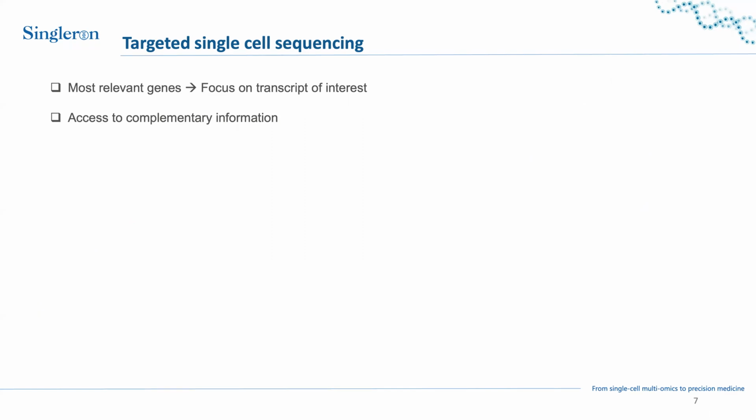So you have genes that you want to look at. You might be interested in a relevant gene and want to get a lot of information about it. So it would make sense to focus on your transcript of interest.